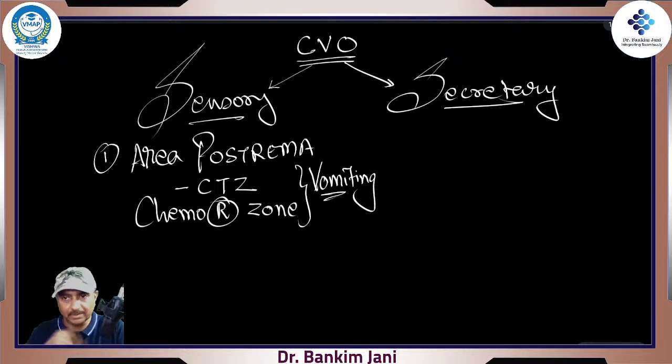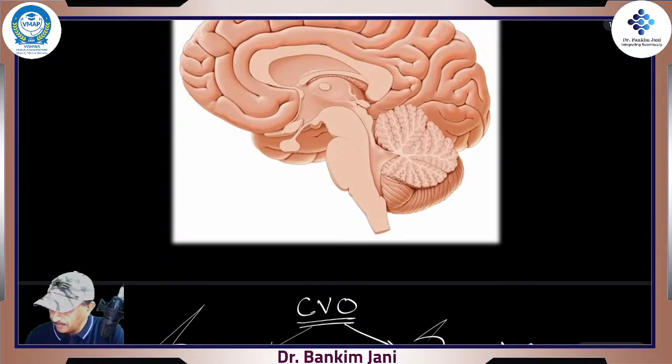Where is it? Let's see it. Location over here. Step by step we'll draw. This is the location. Let's take it in a black color. This is the location, this one. This is area postrema.